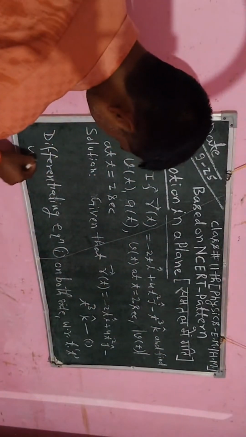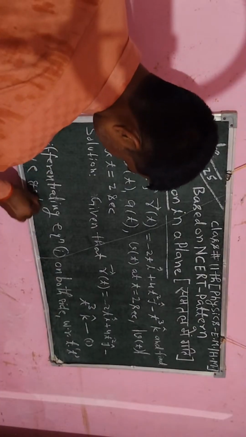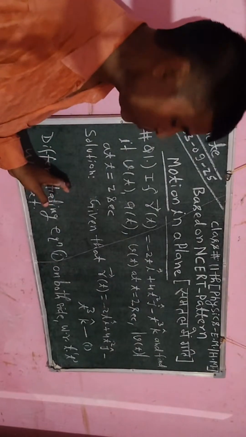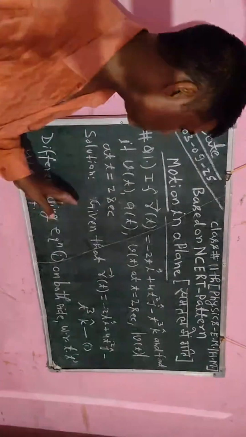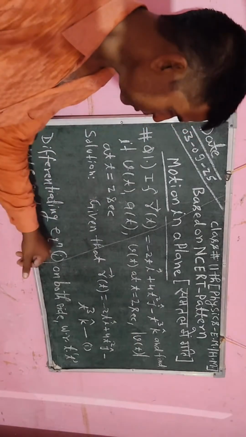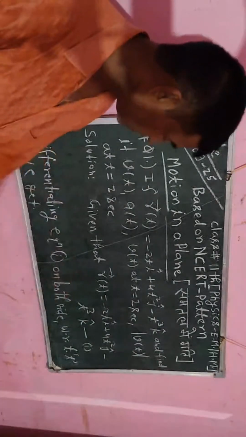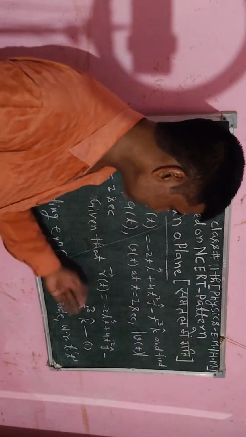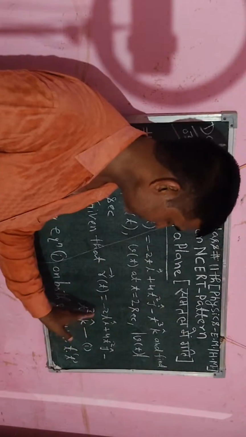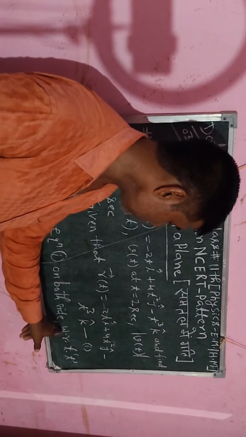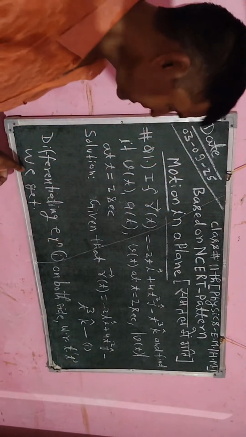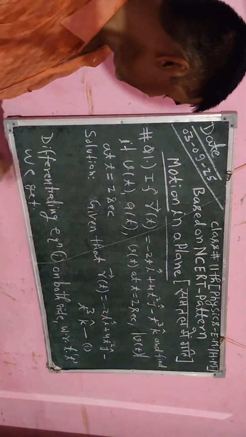This is the instruction, and we have to learn it positively, because in each and every question I have to write this common statement. We differentiate equation number 1 on both sides, left hand side and right hand side, with respect to t, the variable, and after differentiating we get an expression. Therefore I have written "we get". Okay.